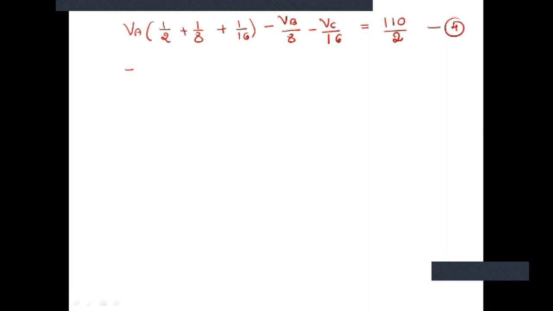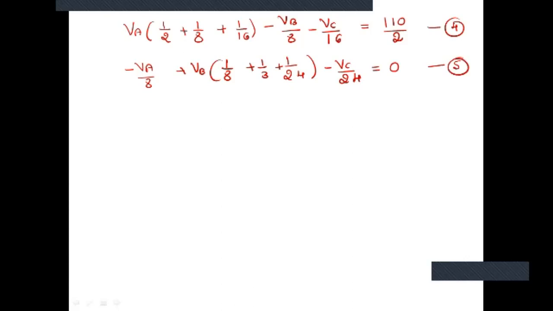Similarly, let me write for the rest. VA by 8 plus VB times (1 by 8 plus 1 by 3 plus 1 by 24) minus VC by 24, and in the second equation we have no other constants. Let me write it as 0, the RHS.